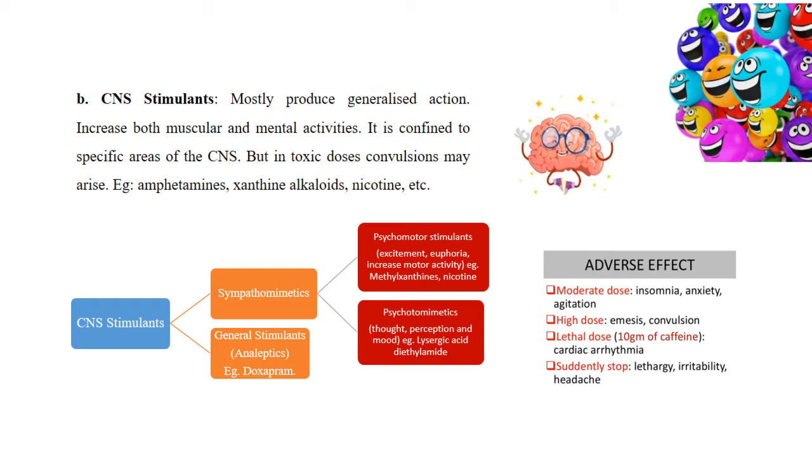To control this, so that they can have a sound sleep, they'll be taking such psychomotor stimulants, for example, xanthines, nicotine, etc. These drugs will relieve them of pain. Okay, they won't sense any pain. They'll be feeling somewhat excited and active, so that it increases their motor activity so that they can work continuously. That is regarding psychomotor stimulants.